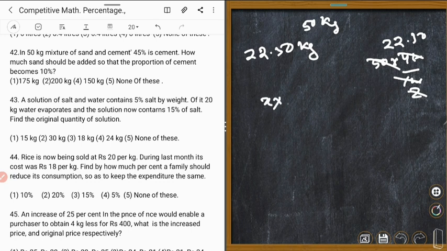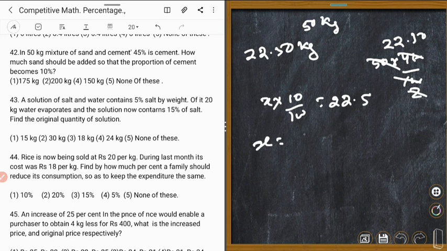x into 10 upon 100 is equal to 22.5. Implies x is equal to 22.5 upon 10 into 100. The zero is not necessary, the same value. Could you understand or not?